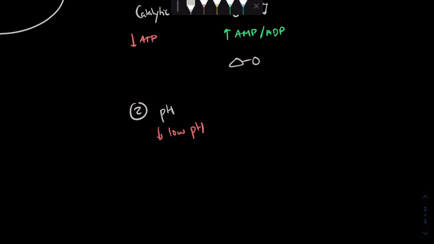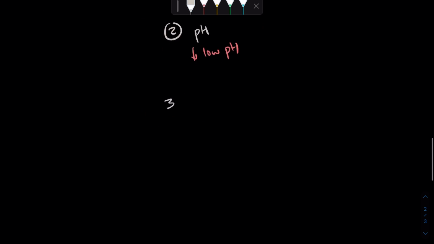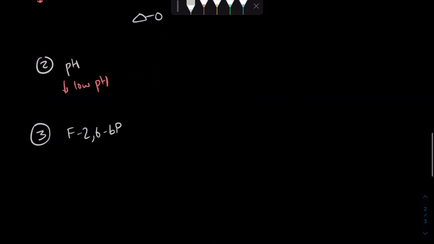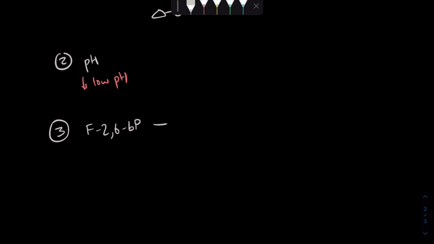The third, and I'd say most complicated way to regulate PFK1 is through something called F26BP. We had F16BP before. Now we have F26BP. Now F26BP is produced by that PFK2 enzyme that we talked about. And the production of this is actually a little complicated.